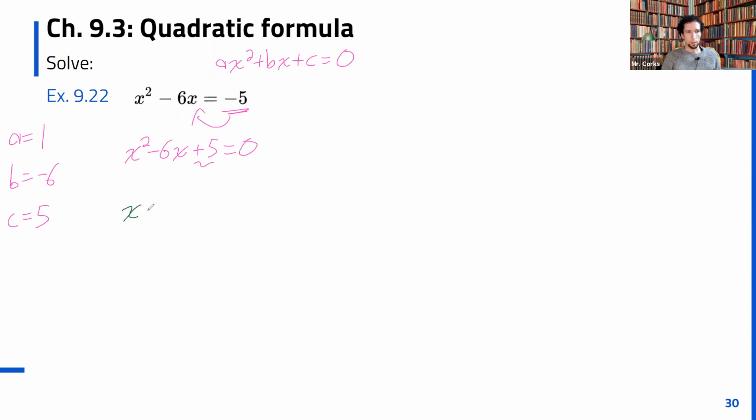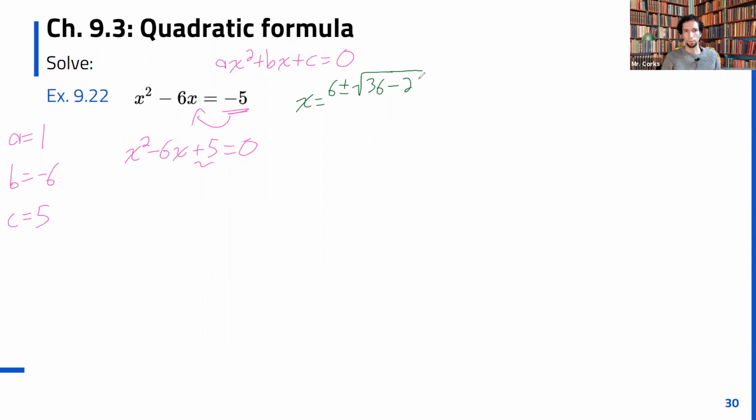I'm not going to try to do this without writing out too many steps here, just for expediency. So negative b, so that's just 6 plus minus square root of b squared. So negative 6 squared is 36. And then our 4ac will be 4 times a, so that's just 4, and then times c here, which is 5.